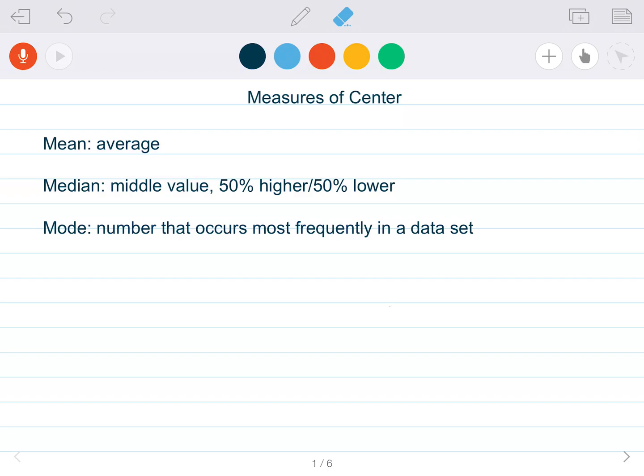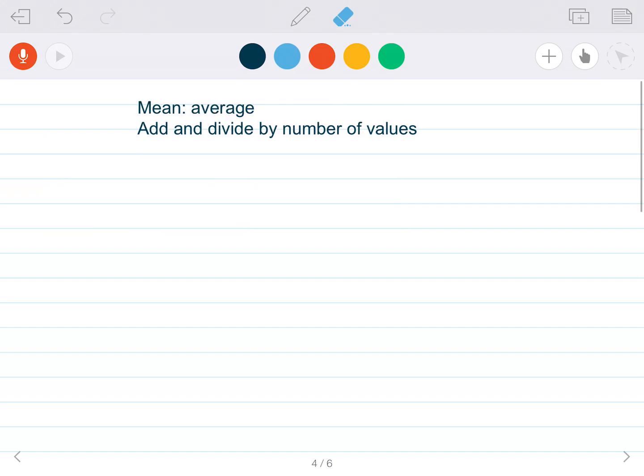So we are going to take a look now at how we actually calculate measures of center, and that was part of your Khan Academy lesson. So we are going to go to the first skill, mean or average.